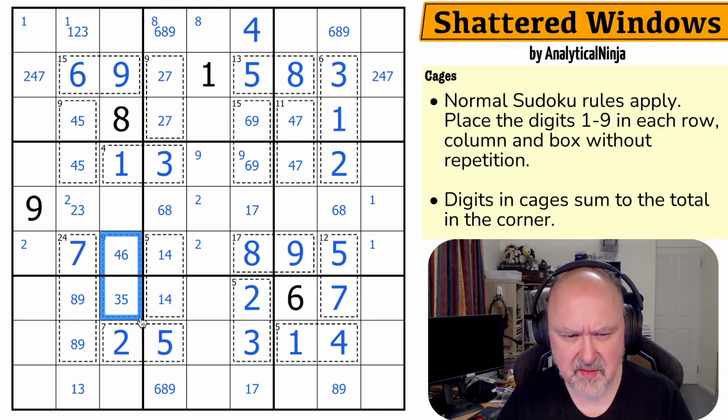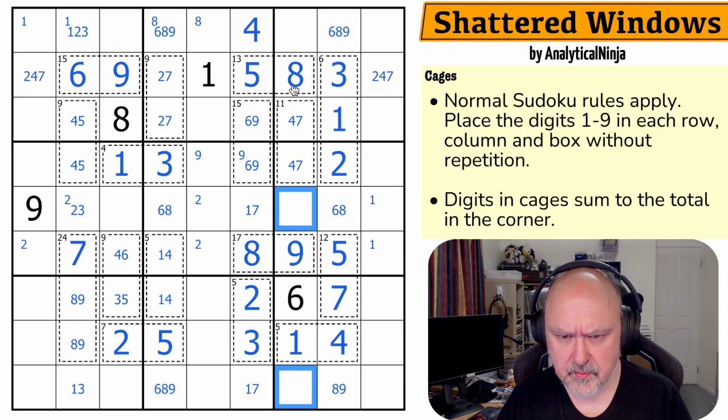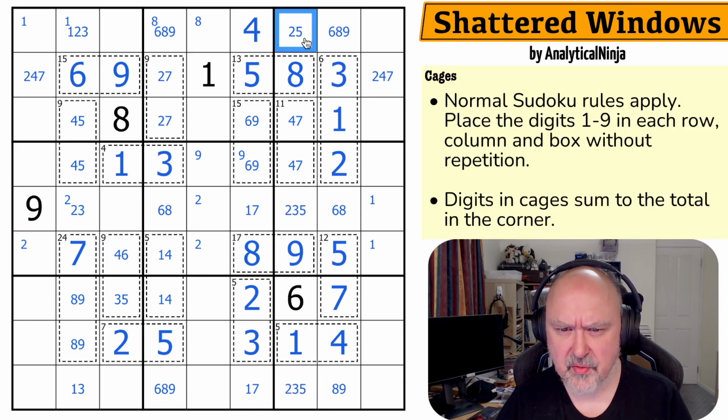Can I do the same here? This triple, 2, 3, 5. That's not 3. That's not 2.